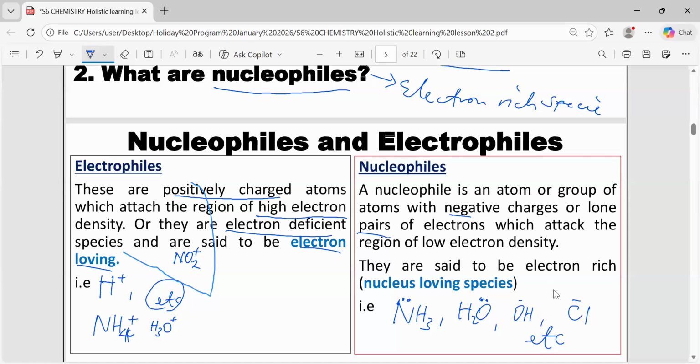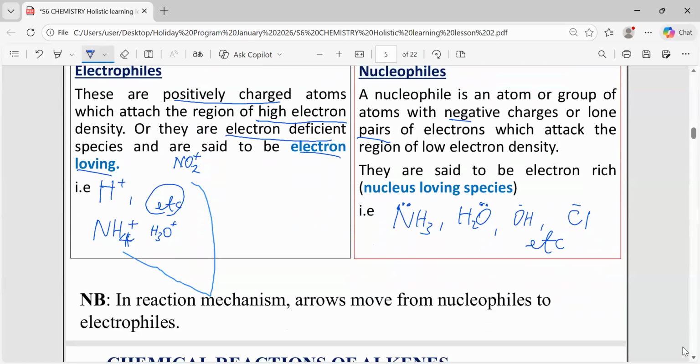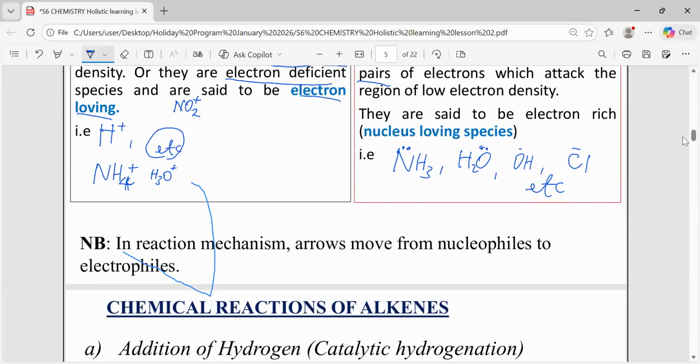So this was very important for us to know, because today we're going to look at the mechanisms as we look at these chemical properties. As we're looking at these mechanisms, we are able to understand where the arrow is supposed to go, from what going to what. Read for us that NB.